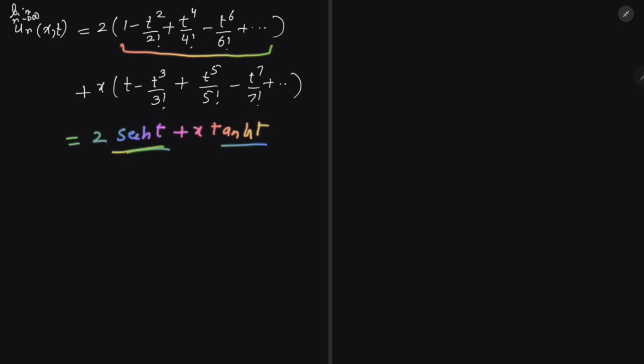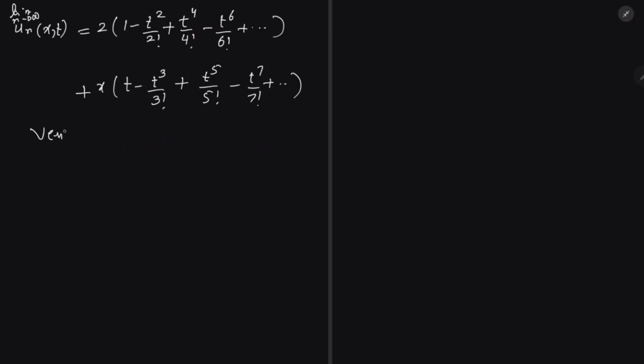You can find that yourself. This is actually a Taylor series of secant hyperbolic t. It is not a very common function, but this is a Taylor series of secant hyperbolic and tangent hyperbolic t. You can also verify yourself whether this is a solution of our given equation, partial u by partial t plus u partial u by partial x is equal to x. So you can prove that.